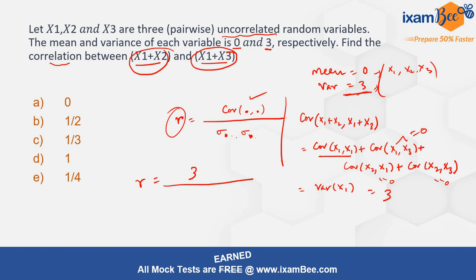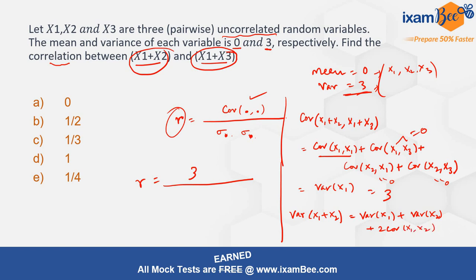Now we need the standard deviation. For the standard deviation, let's first find the variance and then we can take the square root. So the variance of x1 plus x2 is going to be the variance of x1 plus the variance of x2 plus 2 times the covariance between x1 and x2.